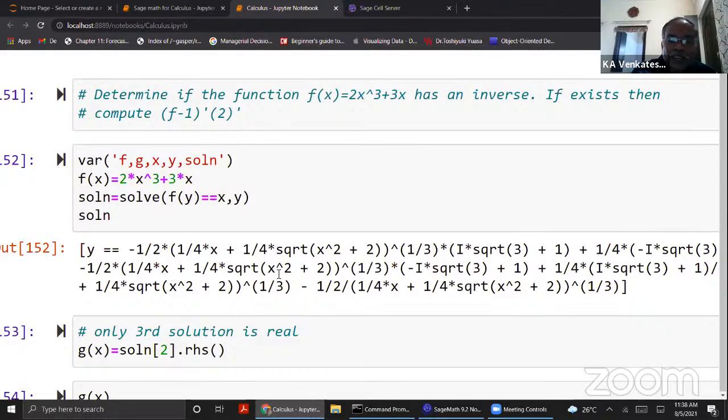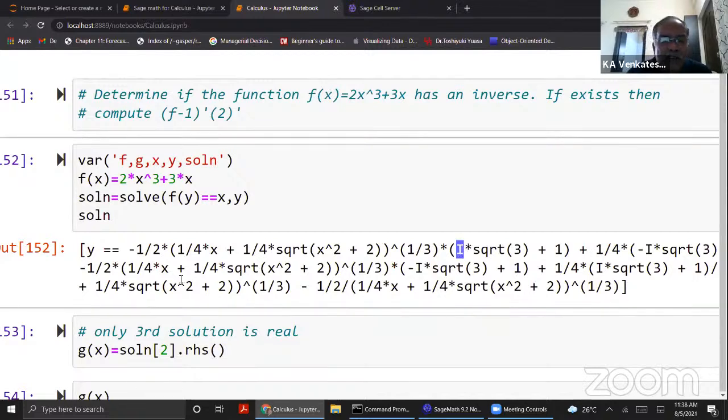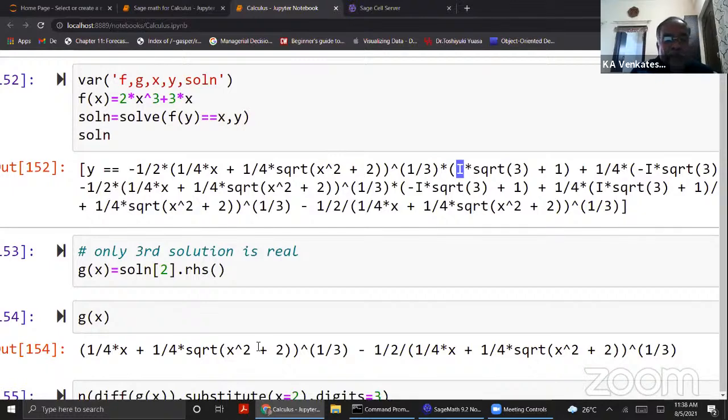Then from the solution, which is the real part to pull out? Y equal to minus 1 by 2 square root, this has i, so it is not real. This is also i. Only one out of 3 is the real part, that is the second component, the last one. So we are pulling out the last one, and then you pull out g of x.